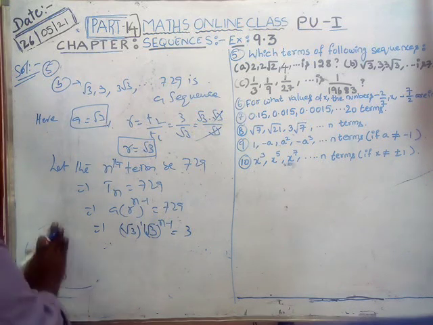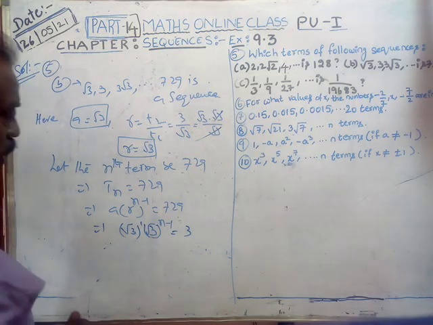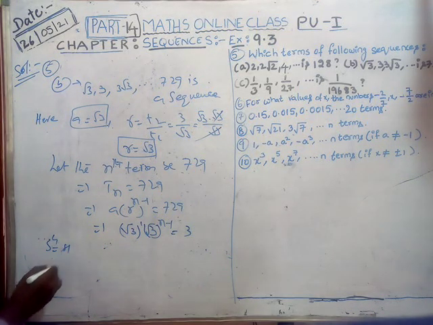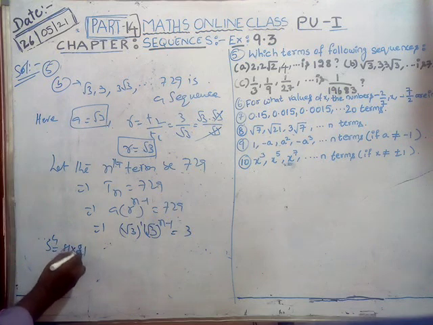We will calculate 729. 3 power 4 is 81. Again we multiply by 3.